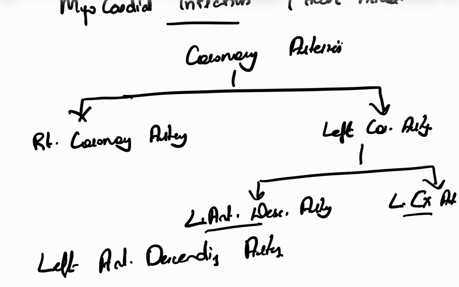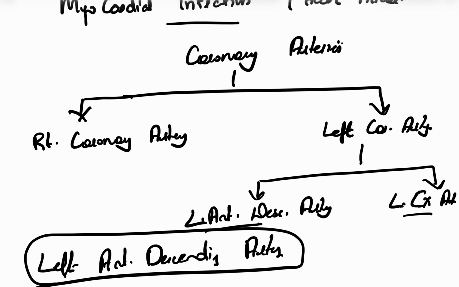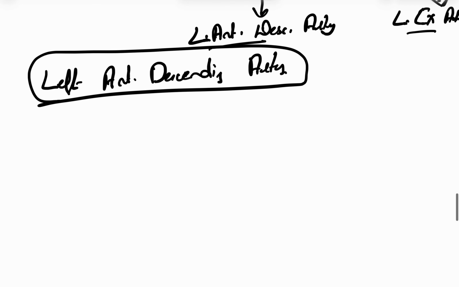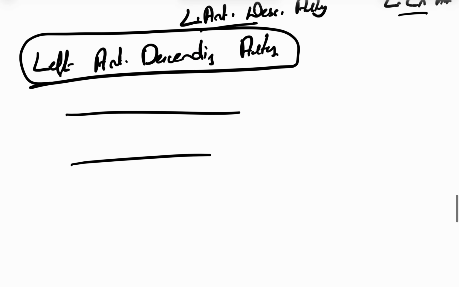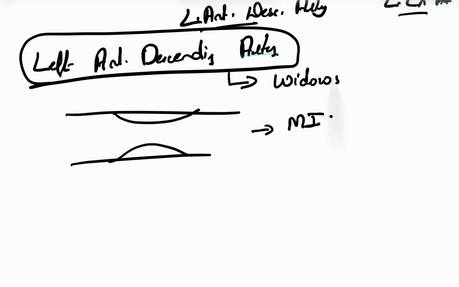The left anterior descending artery is a branch of the left coronary artery, and obstruction in it is the most common cause of myocardial infarction, and hence it is also known as the widow's artery, because people, especially men, die due to myocardial infarction, and the most common site of atherosclerosis in myocardial infarction is the left anterior descending artery.